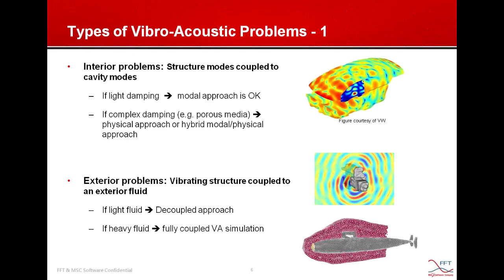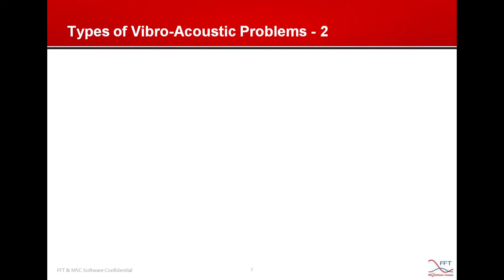And this added mass effect will bring down the structure modes towards lower frequency range. To simulate this added mass effect, we need to model the structure together with the heavy fluid in a single Actran model with the fully coupled approach.